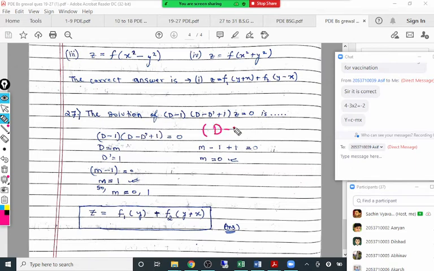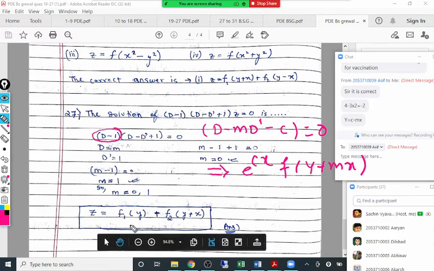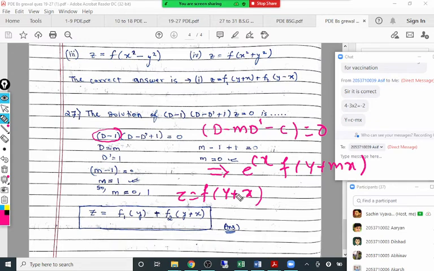We have this one, d minus md dash minus c equal to 0. If this is the factor, then what is the complementary function? I think e raised to cx f of y plus mx. Is it? So for the first factor, that is not correct either. For the first factor, 1 is a root, so z equal to f of y plus x. Sorry, y minus x, no?